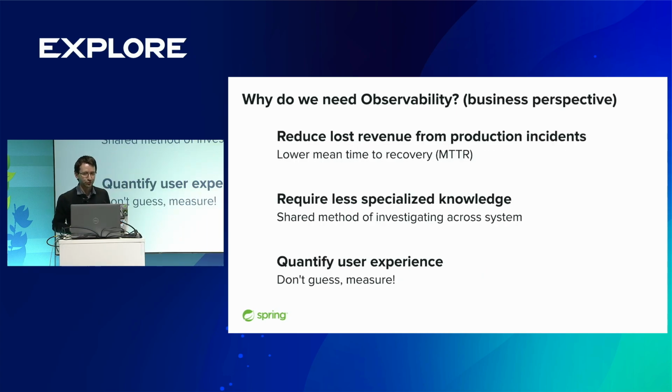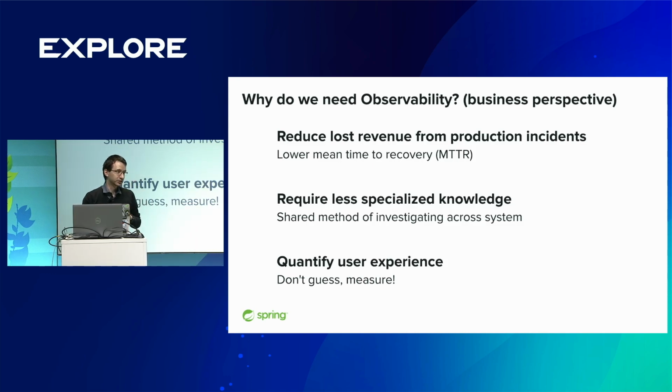Let's answer one more question. Why do we need observability from the business perspective? The one-word answer to that is because of money, I guess. If you have a mature observability, you might be able to reduce loss of revenue from production incidents, which means that hopefully if you are able to troubleshoot these issues faster, you can resolve them faster. Also, you will require less specialized knowledge.